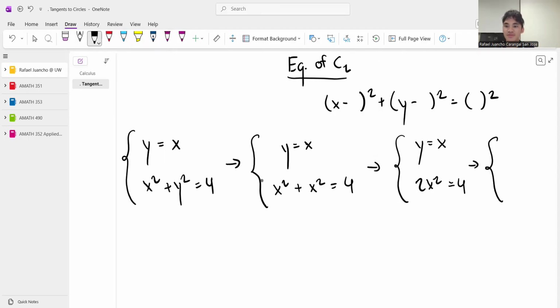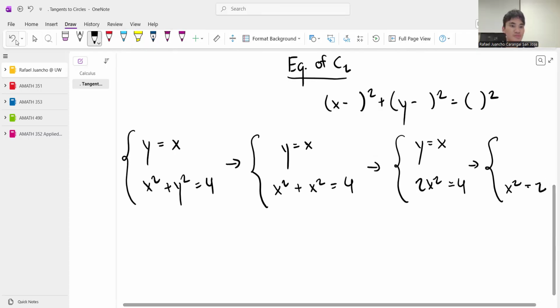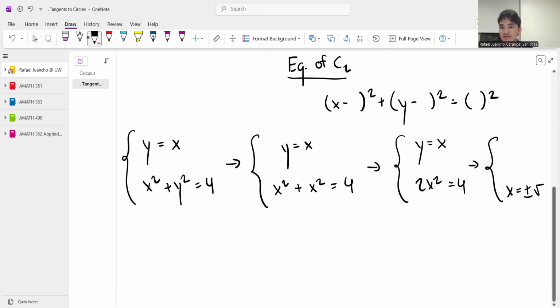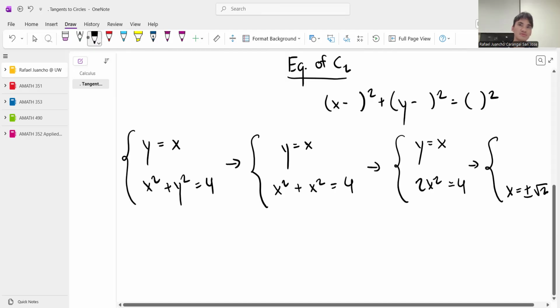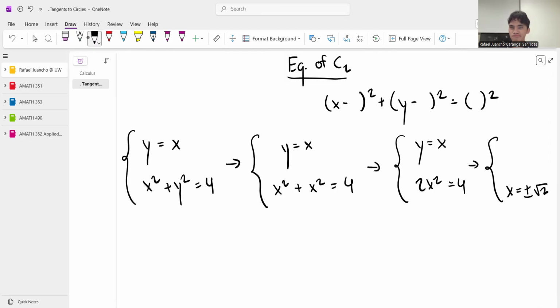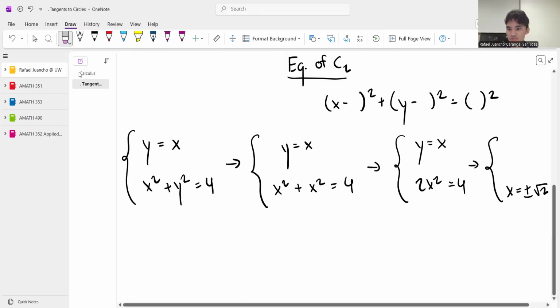You get the story. So this would be x squared equals 2. That would be x is plus minus square root 2. I think so, right?